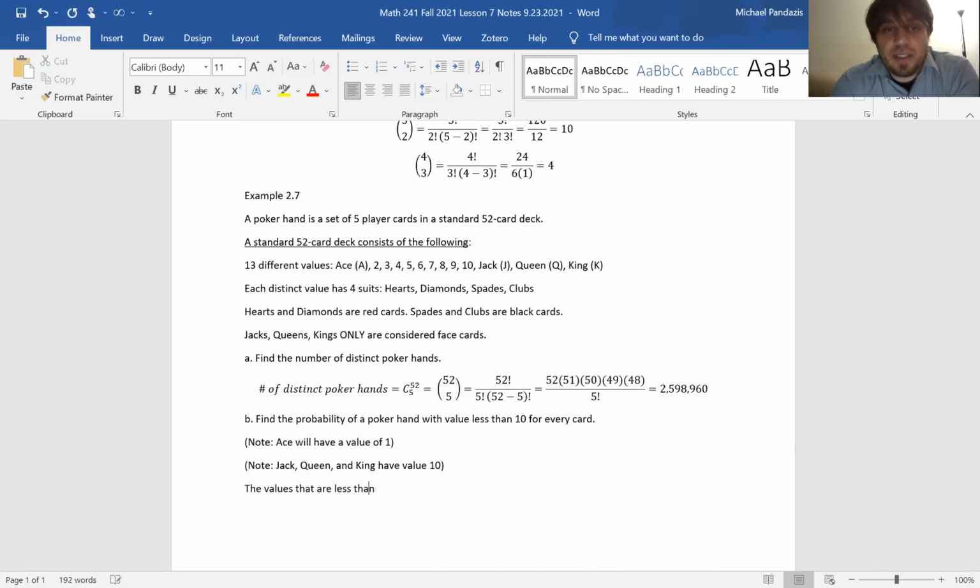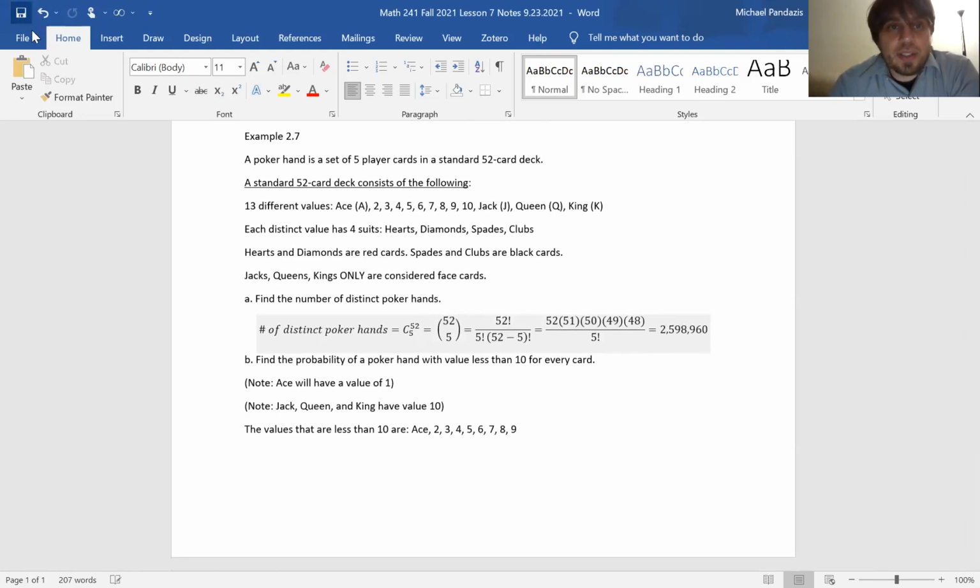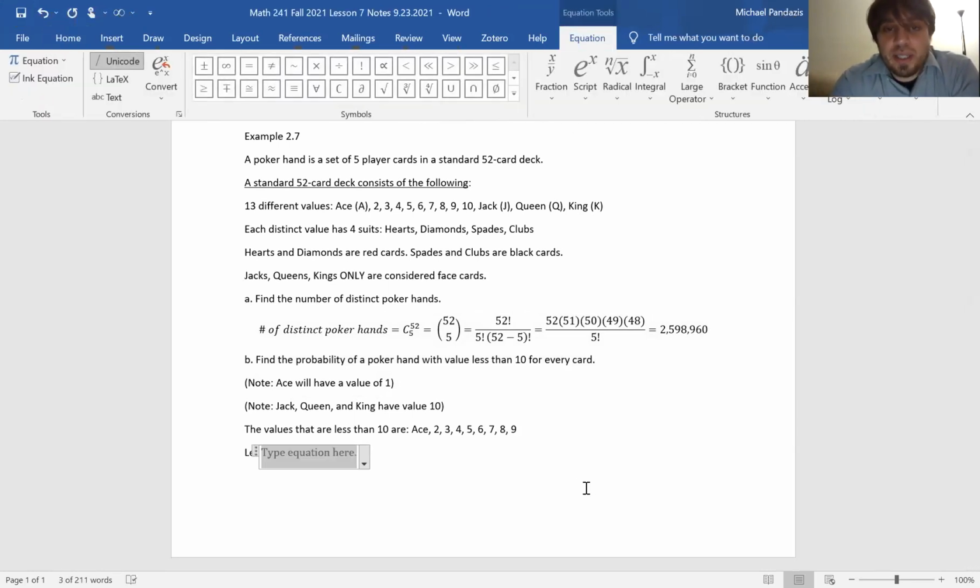The values that are less than 10 are ace, 2, 3, 4, 5, 6, 7, 8, and 9. Okay, so we want to find the probability of a poker hand with a value of less than 10 for every card. Well, we can start the way we often start, by starting with some notation.